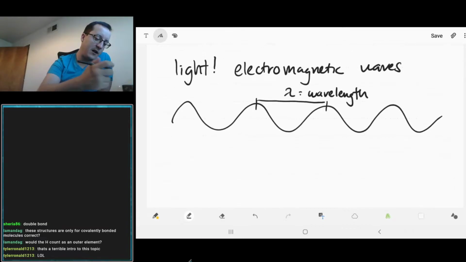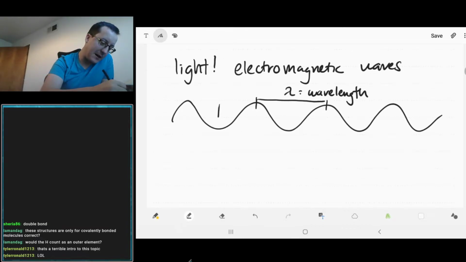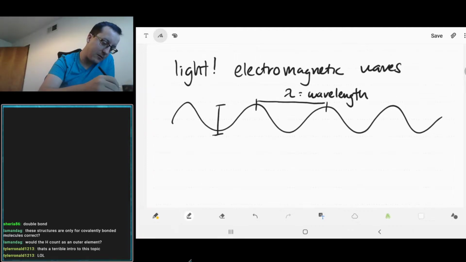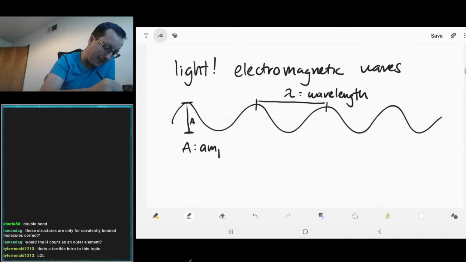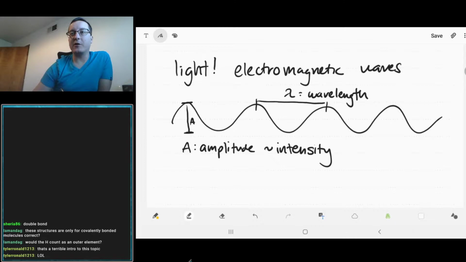We also have another property, which is the distance between the top and the bottom, which is called A, which is amplitude, which is related to the intensity of the light. So the bigger your amplitude, the more intense your light is.